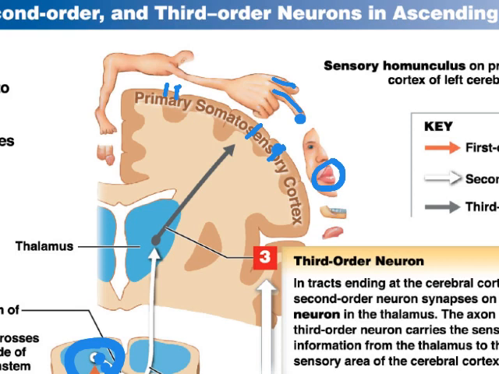We call this funny looking picture a homunculus. And this is the sensory homunculus. So we'll see later a motor homunculus, which has a few differences. But it's a representation of what parts of the body have more sensory receptors. Of course, the genitalia is also very sensitive, and so it receives a rather large part.